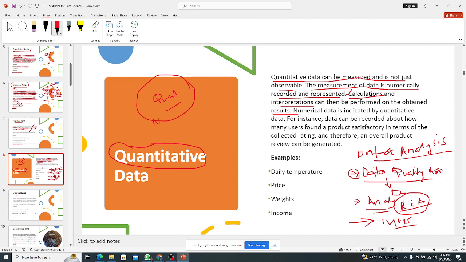And then the last step is the presentation. Under presentation, you can present your findings in a pictorial format, or visualize your findings for better presentation. So basically those are the four major steps of data analysis.